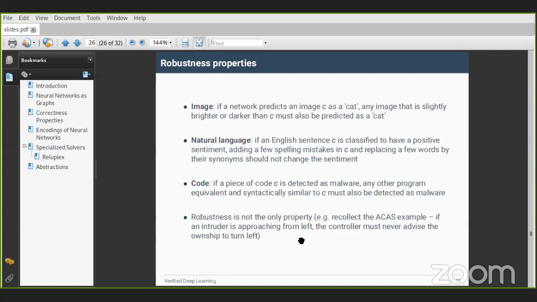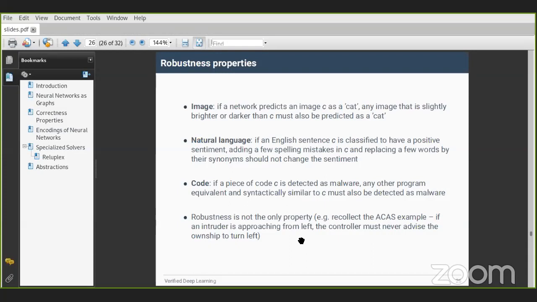Suppose you have an image, and a network predicts a given image C as, let's say, a cat. One example of a robustness property is that any image which is like C, except that it is slightly brighter or darker than C, must also be predicted as a cat, because this is a desirable property. Once again, you may not be able to specify the correctness of this network, because you cannot mathematically specify what exactly it means to be a cat.